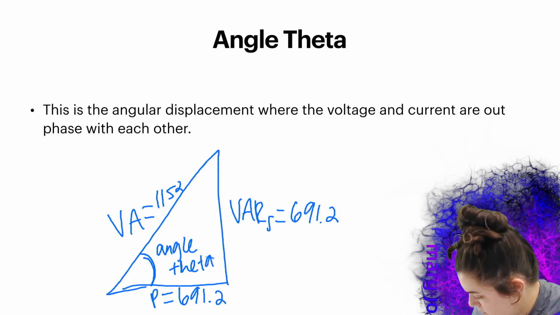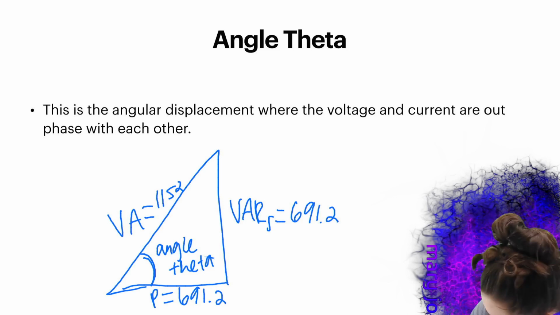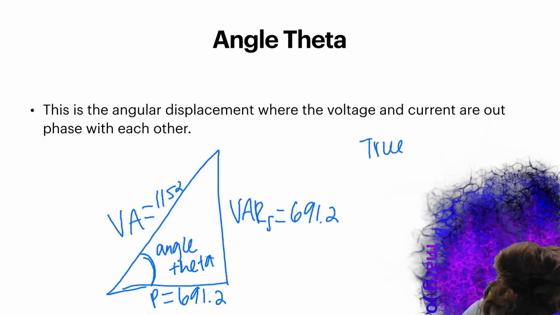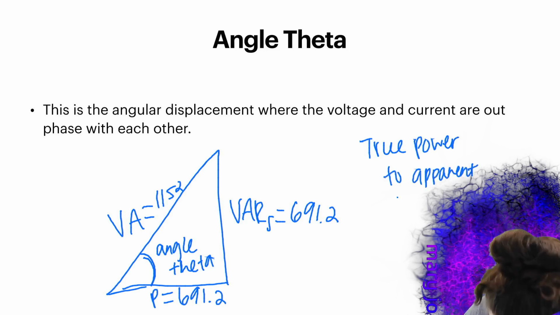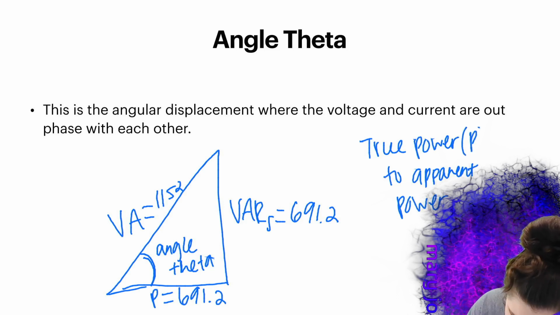Alright. So that's going to be the relationship of true power to apparent power, because we know that true power equals P, which equals watts, right?